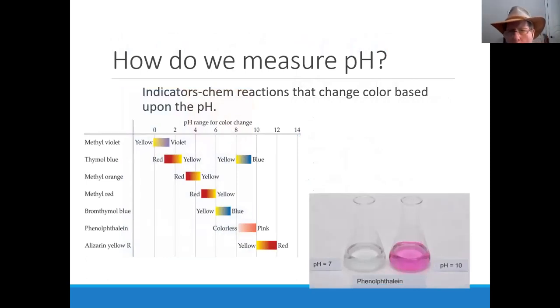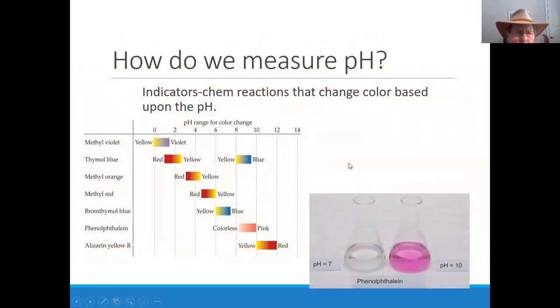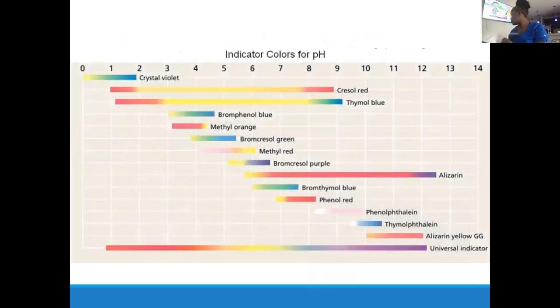There are a whole bunch of indicators. And what you can do is you can use indicators in tandem to figure out what your pH is. Let's look at these.